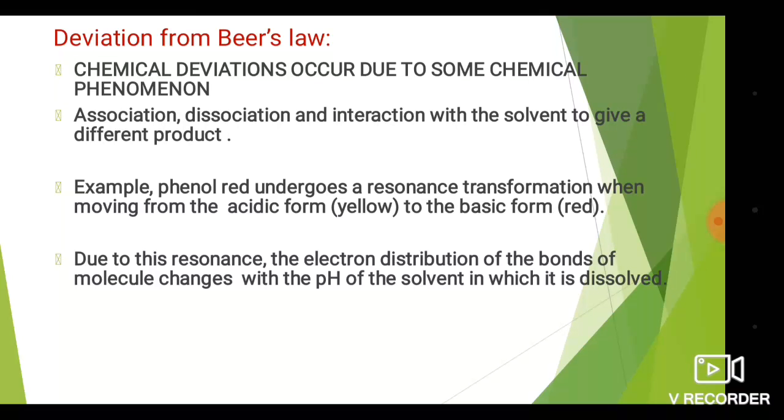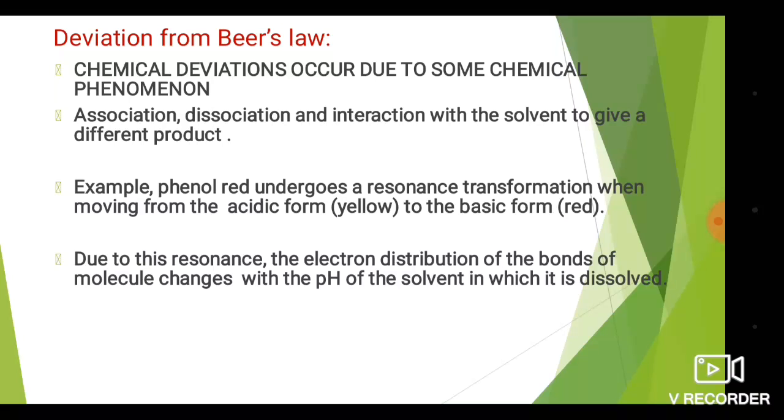Then, deviation from Beer's law. The second type of deviation is chemical deviation, which occurs due to chemical phenomena such as association, dissociation, and interaction with the solvent to give a different product. If the molecules associate to form an associated product, they combine and we get a different absorption.